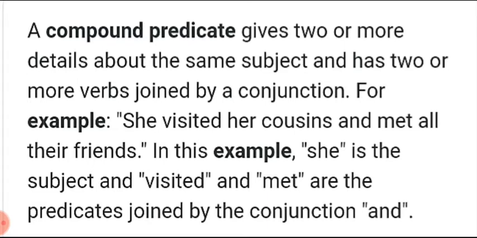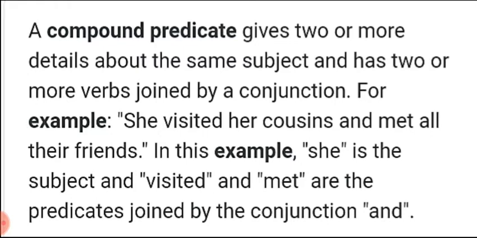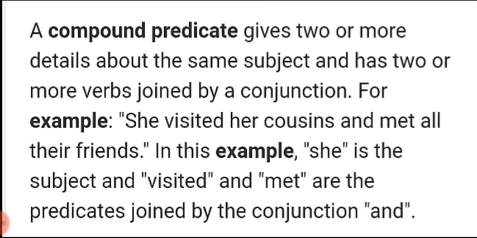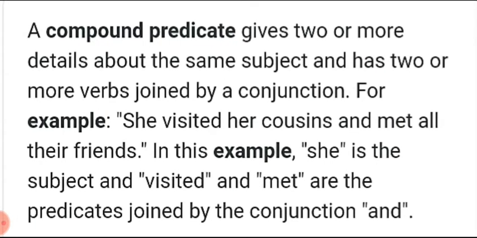For example, she visited her cousins and met all their friends. In this example, she is the subject, and visited and met are the predicates joined by the conjunction and.